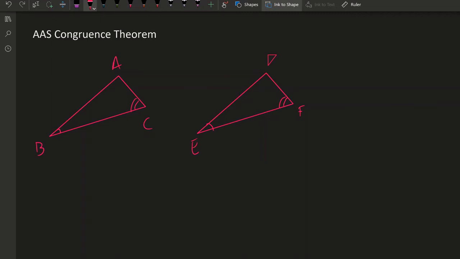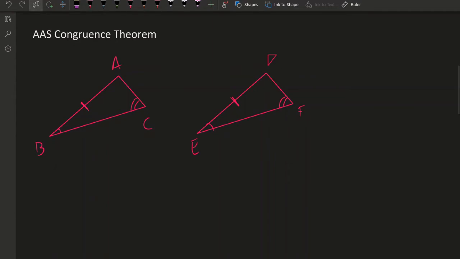But in this case, it's one of the other sides. So for example, right here, side AC and side DF. I could also have this work here. That would be SSA because I'm going side angle angle, but that still works.